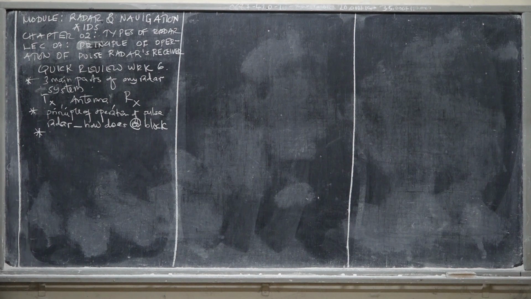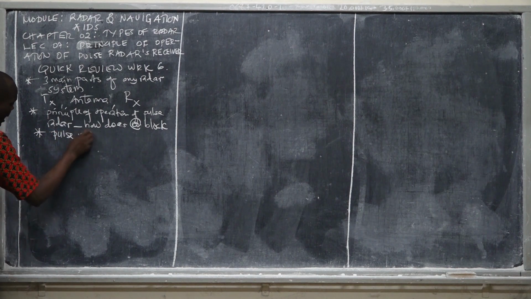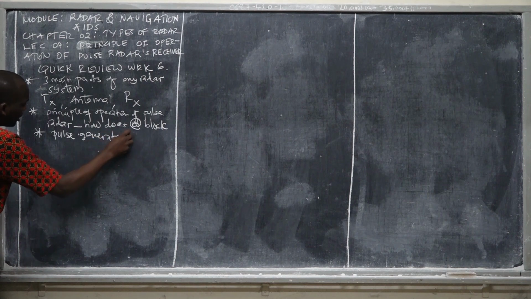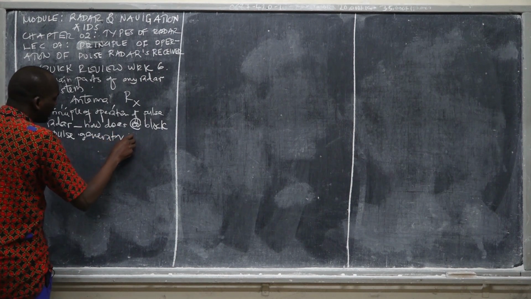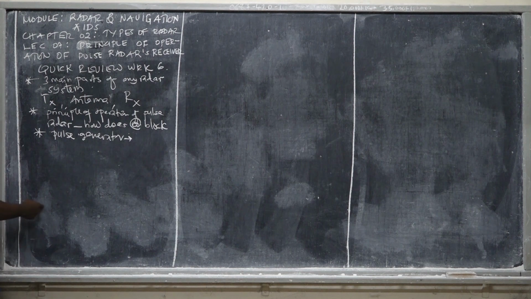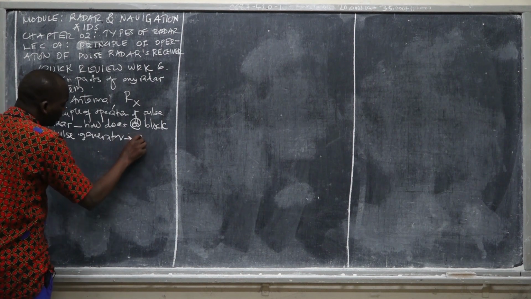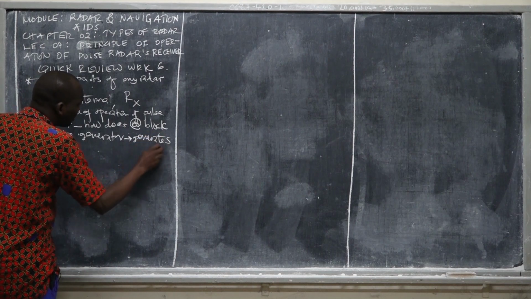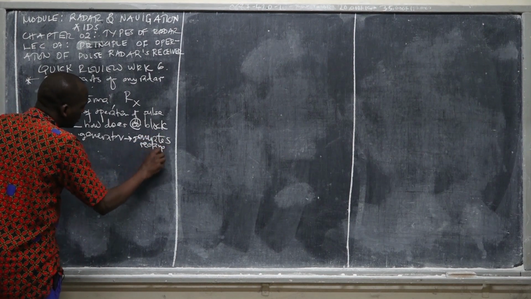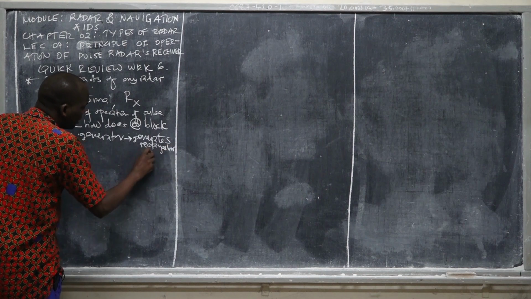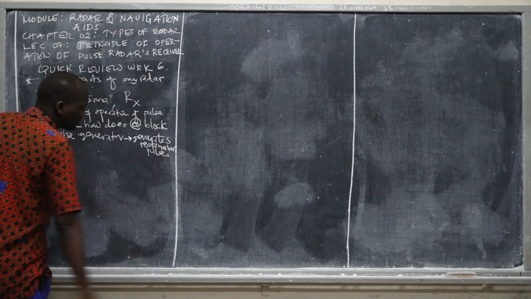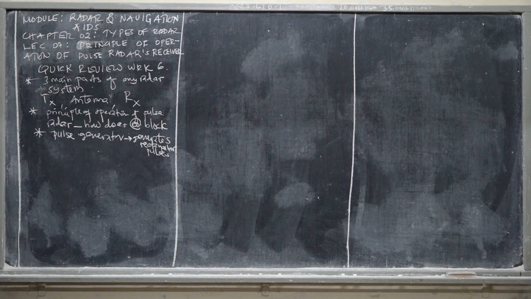Then the next concept, we discussed the first block, which is the pulse generator, right? The pulse generator, we say that it's an electronic circuit or piece of testing instrument that generates rectangular pulses, or rectangular short bursts of pulses, right?